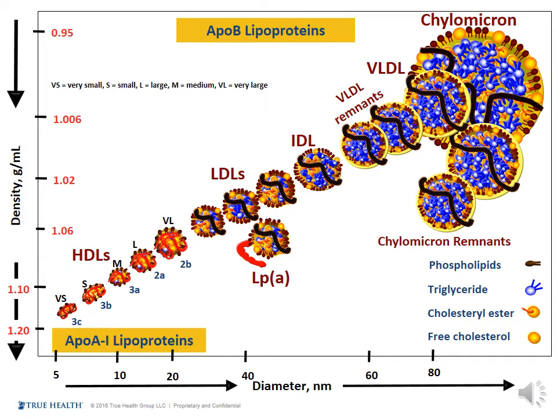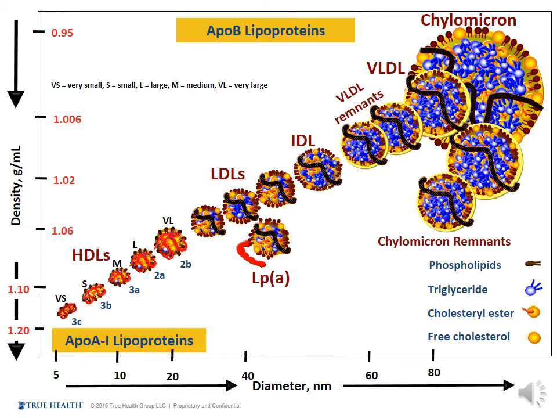Also notice they can be separated by their apolipoprotein content. ApoB is depicted as a brown sort of snake encircling the particles, whereas ApoA1 is red. So you can see, if you want to separate the beta and the alpha lipoproteins, you need to know their apoprotein content.